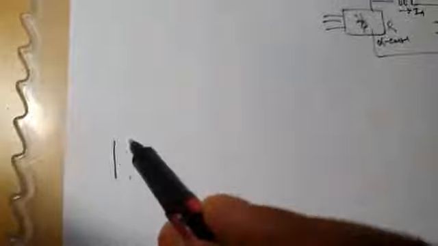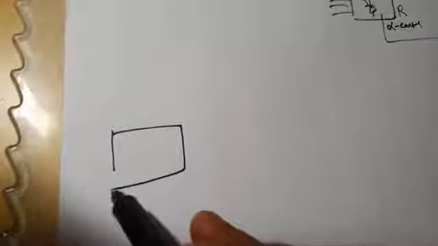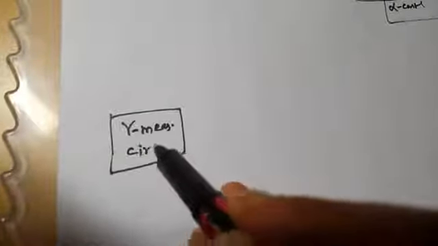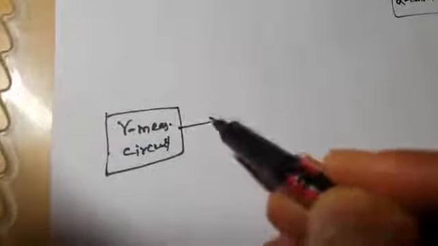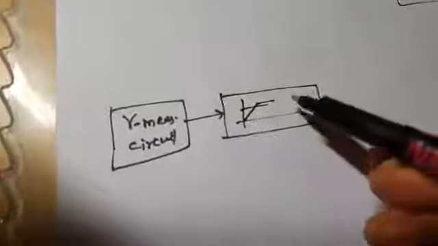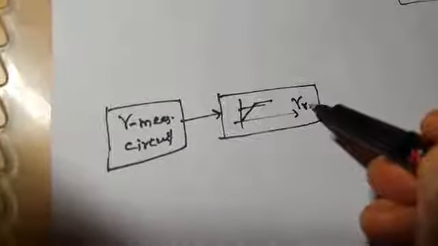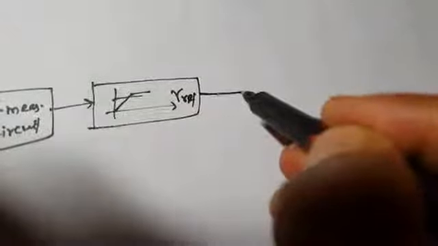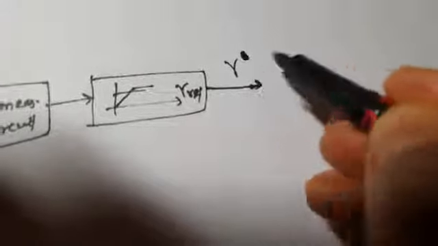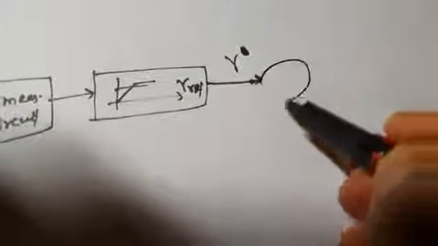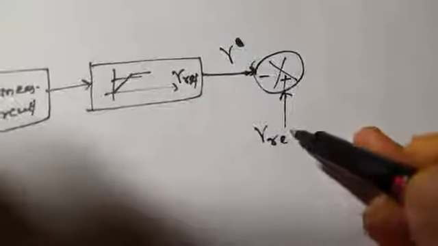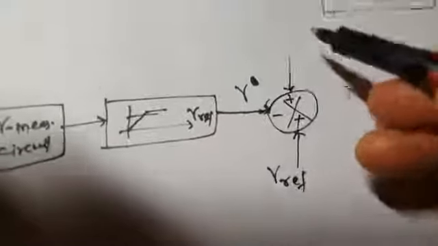So the schematic block diagram is like this. We have gamma measuring circuit. Gamma measuring circuit, I will write here. Let me first of all draw, then I will explain it. This is your gamma ref, reference gamma. This is gamma, and then this is minus, this is gamma ref, reference gamma, and there may be some disturbance also.